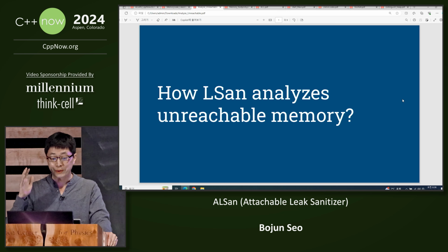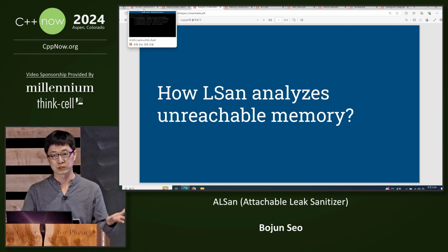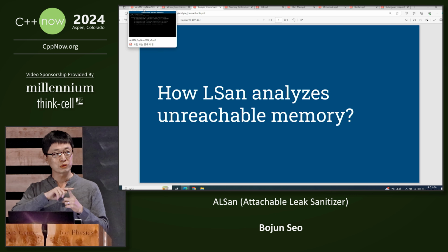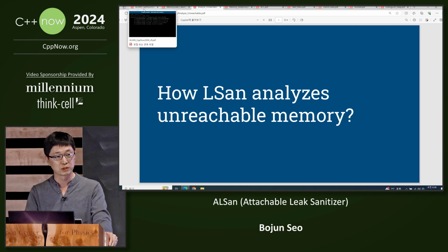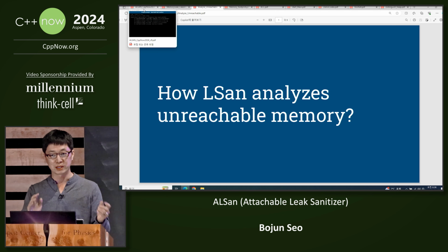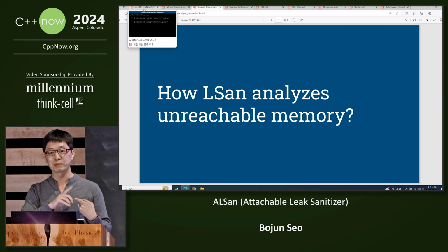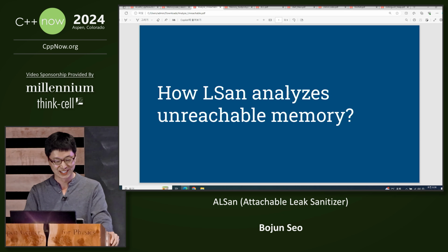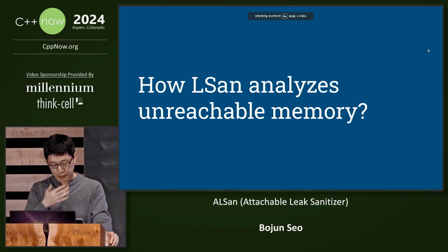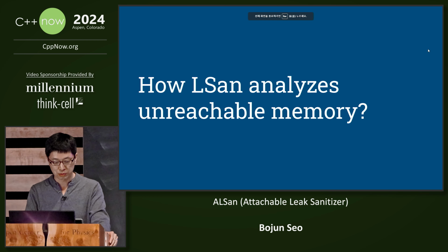I get what you're saying, but this report is for unreachable memory. Unreachable means you don't have a pointer pointing to it, so it can be possible, but if it happened, that would be a bug, right? Yeah. And this is how we analyze unreachable memory.